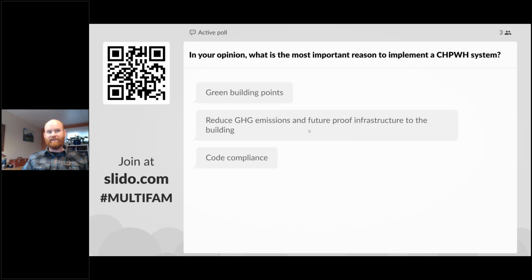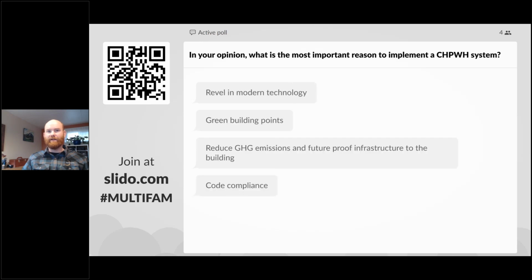Reduce greenhouse gas emissions and future-proof infrastructure to the building. Yes, we're building these buildings hopefully for 100+ years, and so we're building them today, but we really need to be thinking about that future and what that future looks like and what energy sources they'll have during that time. Revel in modern technology, absolutely.